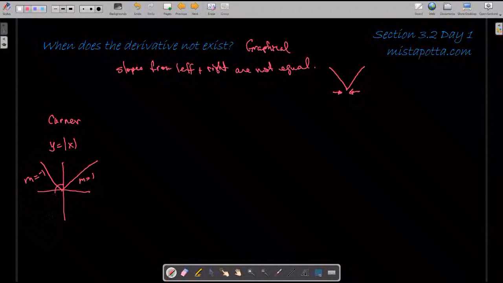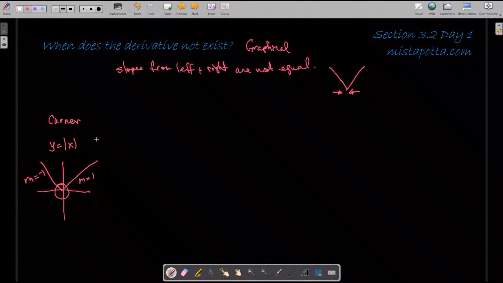And so at 0, those slopes aren't the same. And so you can see from a limit standpoint, the limit of my slopes of tangent lines from the left were -1. The limits from the right are +1, and the left-hand limit doesn't equal the right-hand limit. The slopes from the left and the slopes from the right aren't equal.